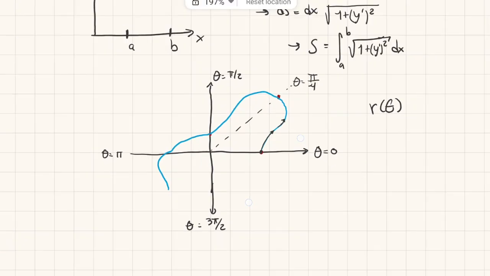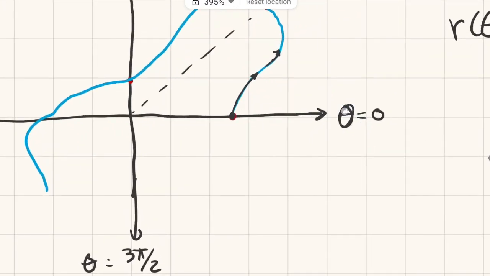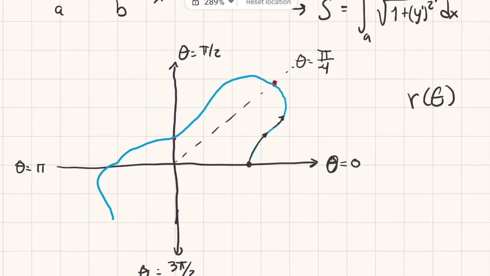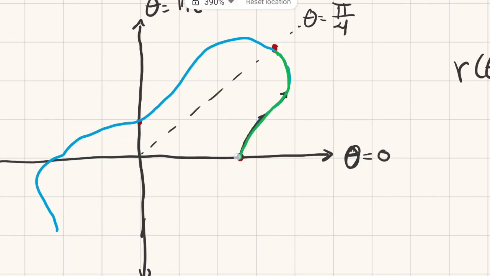So that our interval of integration is going to start from theta equals to 0 and then go to the final angle where we want to measure the length. I mean that, for example, if we want to measure the length from here to this point, which is the point from theta equals to 0 to theta equals to pi divided by 4, then this length will correspond to an integral whose limits of integration are going to be theta equals to 0 and theta equals to pi divided by 4.